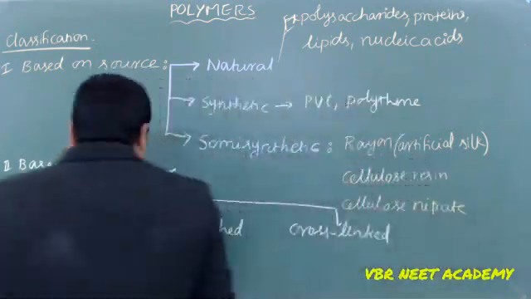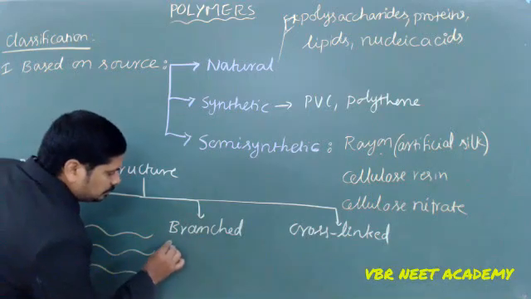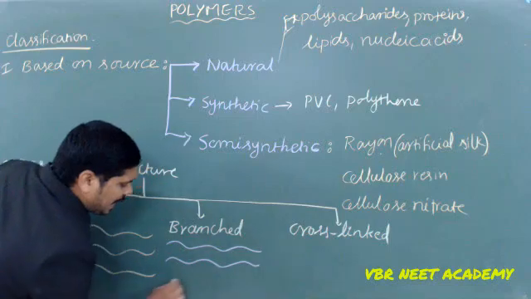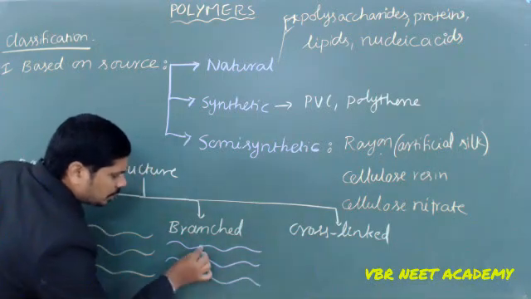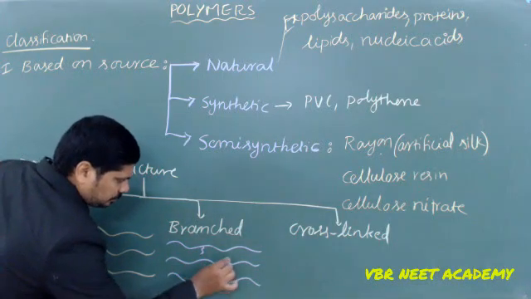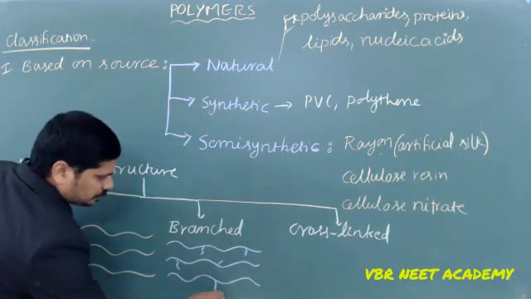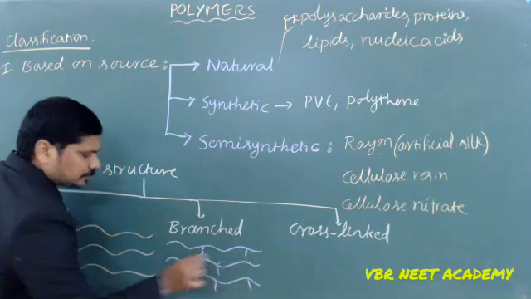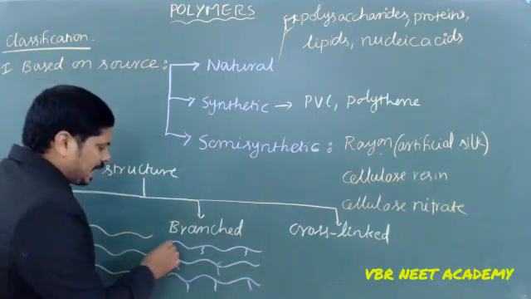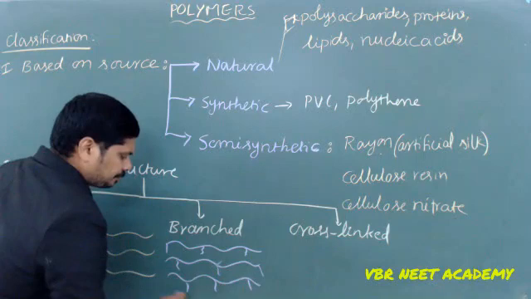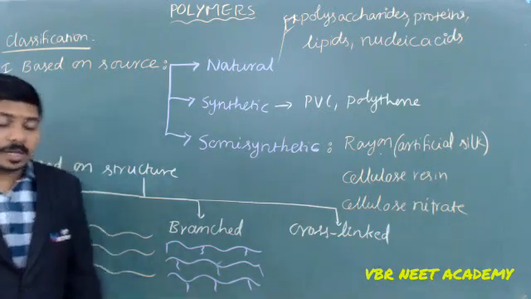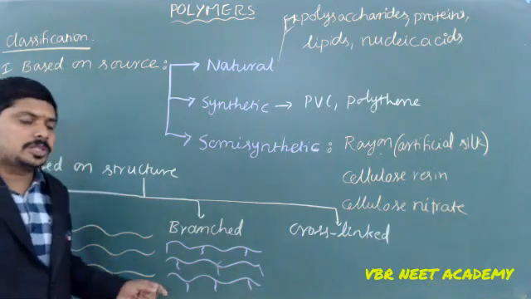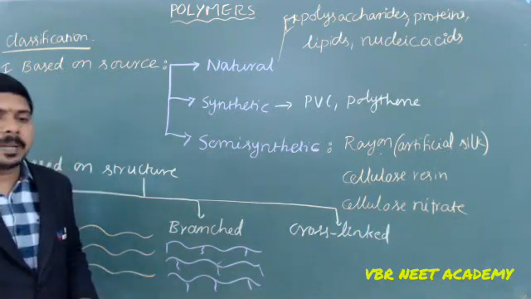And branched polymers have some other functional groups in the middle, like this. It is not a cross link; they just have some functional groups so that they show branching.